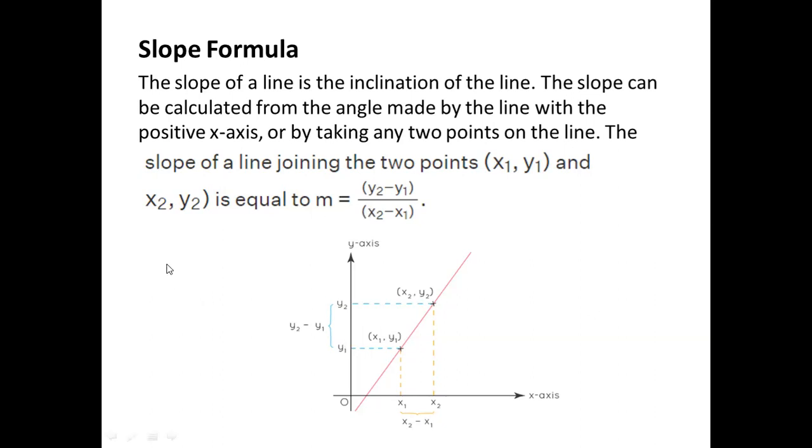If we have the slope of a line joining 2 points, (x1, y1) and (x2, y2), the slope m will be equal to y2 minus y1 over x2 minus x1. That's the slope formula.